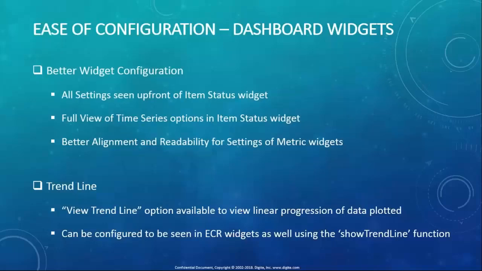In fact, if you have configured any ECR based widgets, we have given a new literal called show trend line function. This function will help you show that trend line for your custom ECR widgets as well. So that's how we have improved our dashboard widget configuration and given an ability to see the trend line on all kinds of widgets which are there in the application.